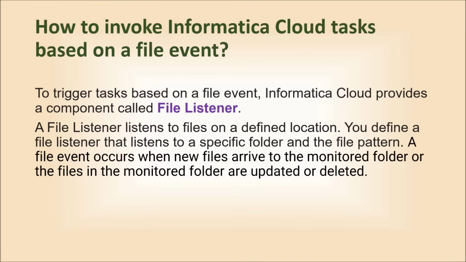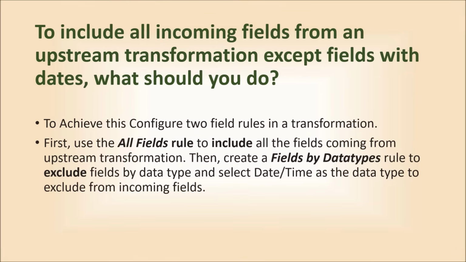The next question is: include all incoming fields from an upstream transformation except fields with dates. What should you do? This is a very basic IICS question. To configure this, first of all, we have to configure two field rules in a transformation.